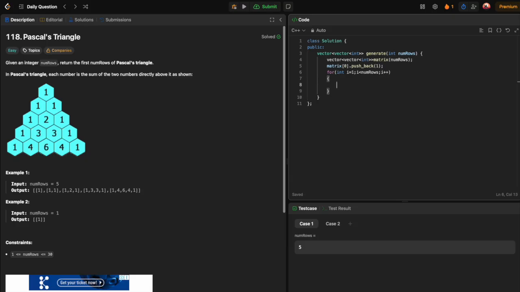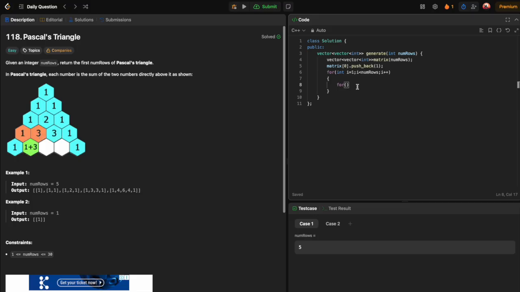If you think about how many numbers are in each index of the matrix, the 0th index has one element, the first index has two elements, the second index has three, and the third index has four elements. So we have to take care of i plus one elements.